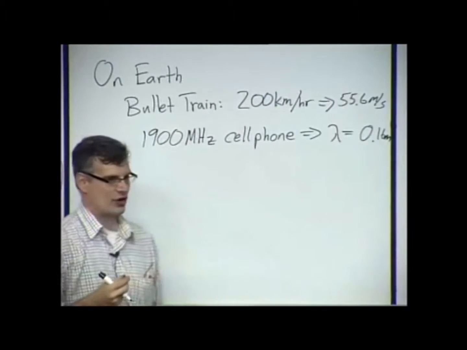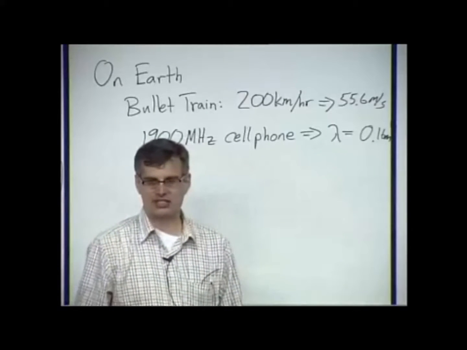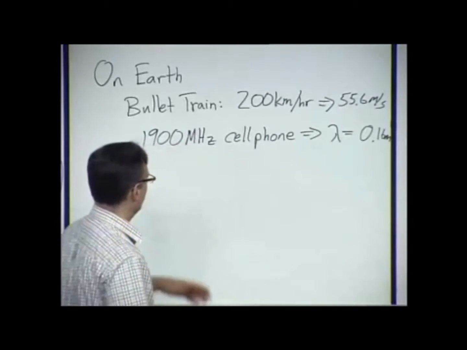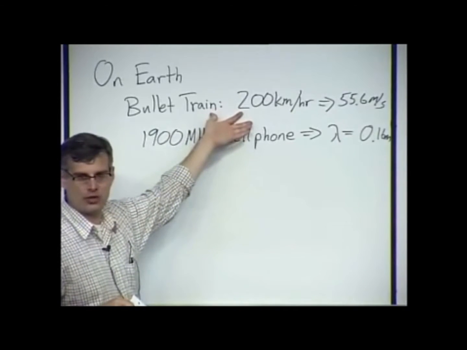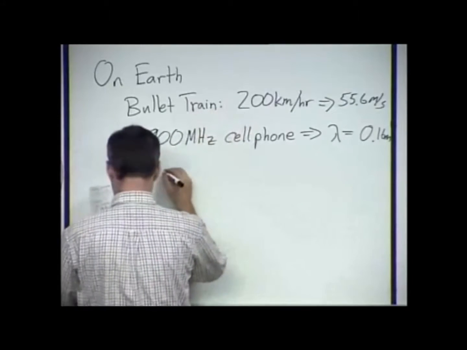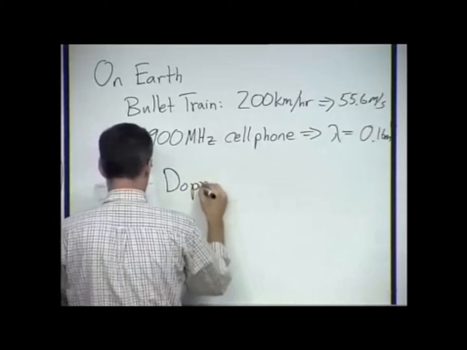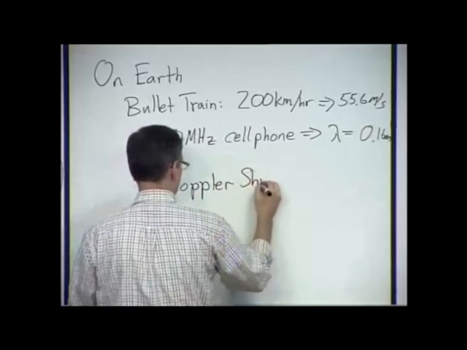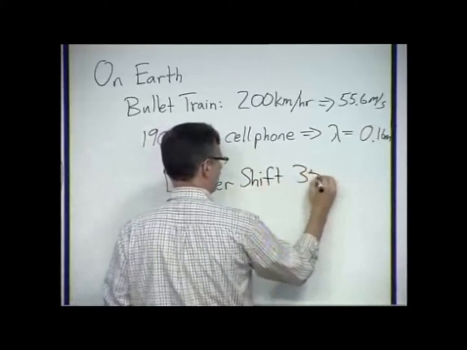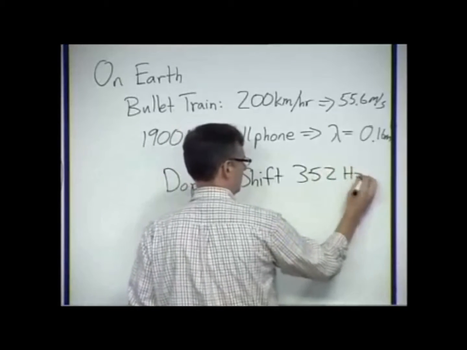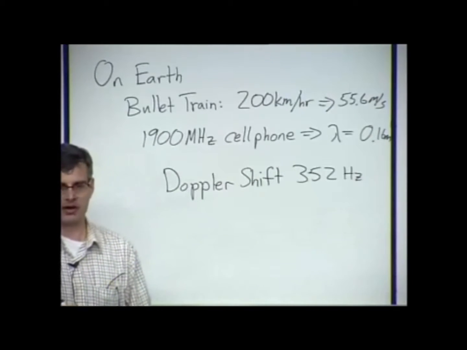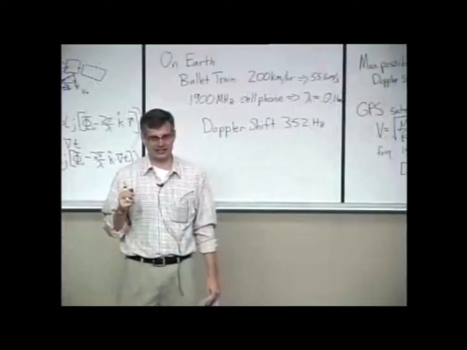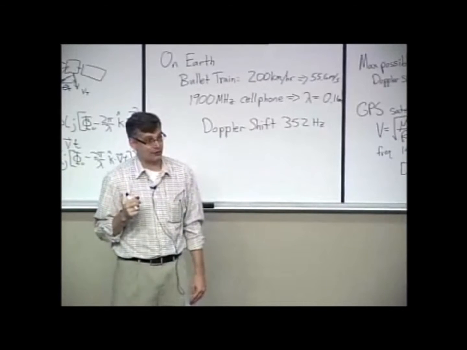But in this scenario where you're talking to a fixed base station on Earth, this is one of the more ridiculous speeds that you'd probably try to communicate at. What would your Doppler shift be? About 352 hertz. You're two orders of magnitude off compared to this run-of-the-mill satellite example. That's profound, isn't it, right?